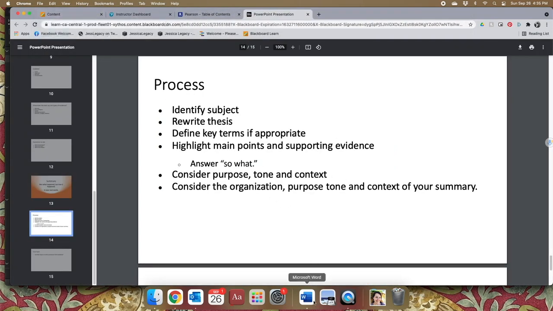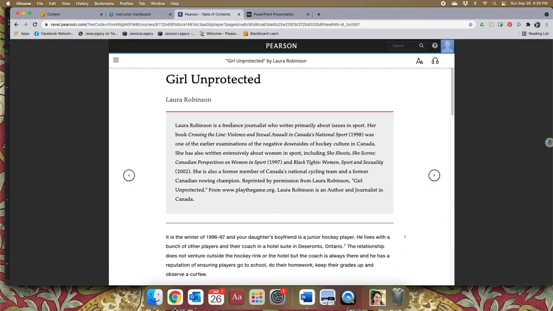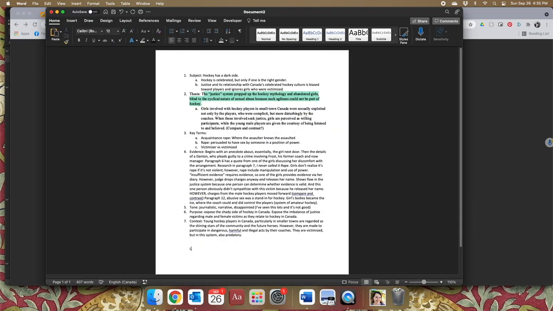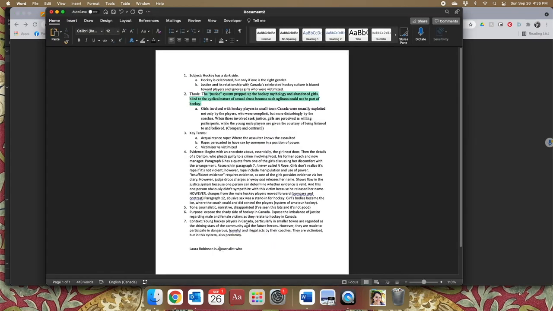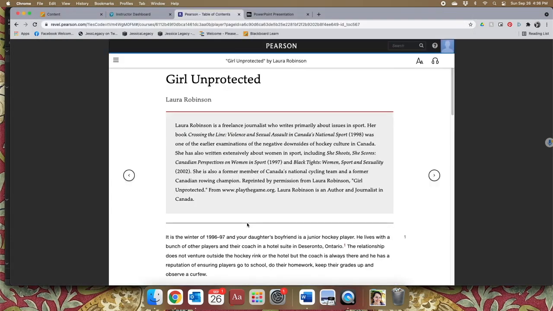Now that I've filled out some of the first parts in this process, I'm going to move on and try to address some of the larger context. So why specifically did this author write this piece? What is it about her history that makes her an authority to be able to write this piece?